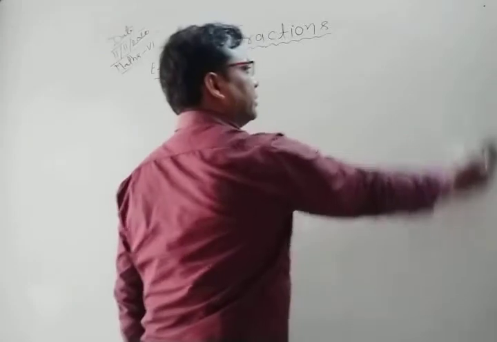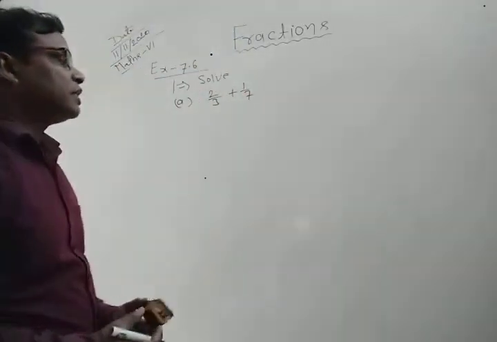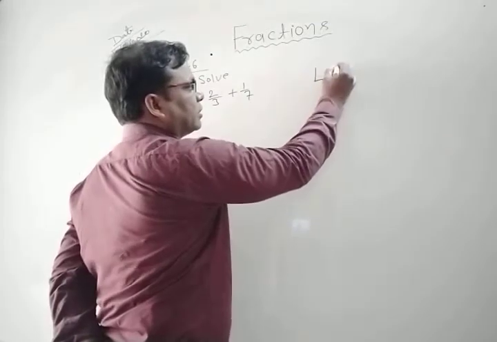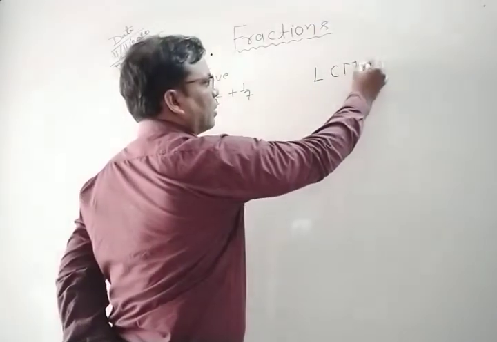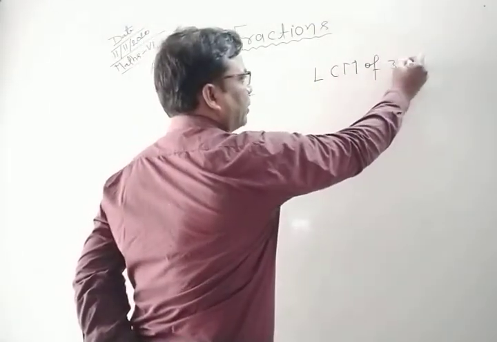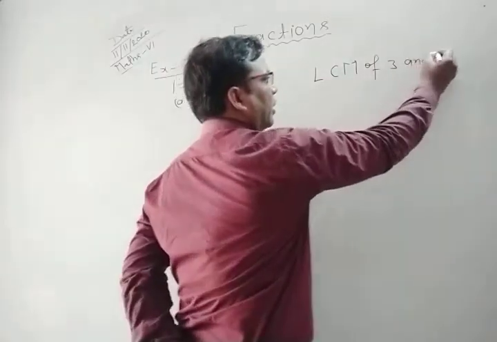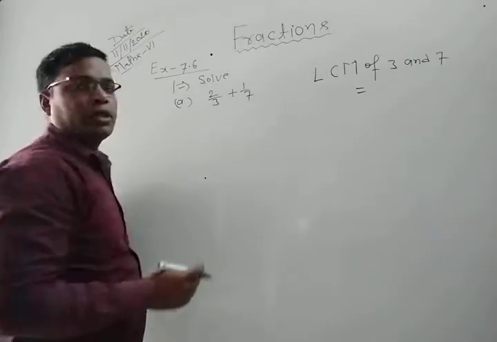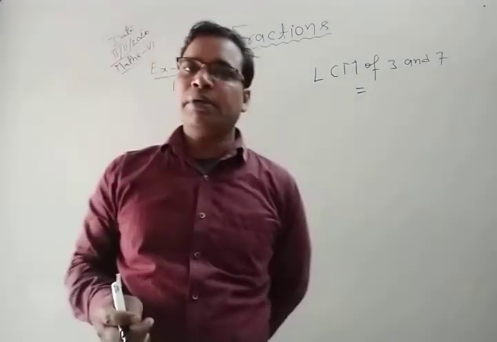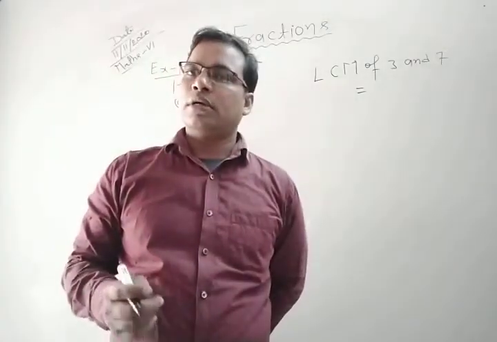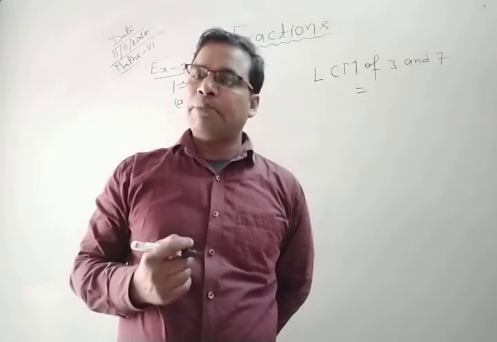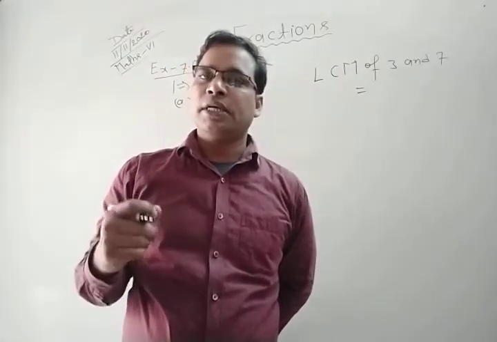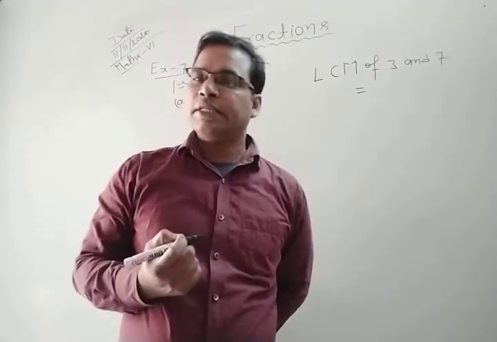First we find their LCM. So what is the LCM of 3 and 7? You can write: LCM of 3 and 7 is equal to what? Both 3 and 7 are prime numbers, so the LCM of two prime numbers is their product.